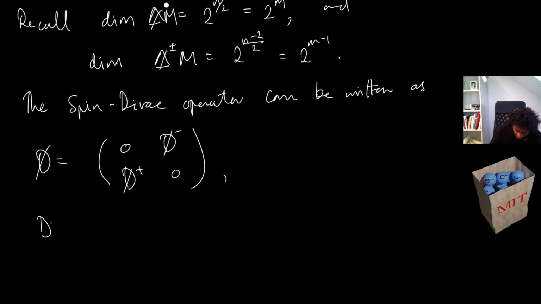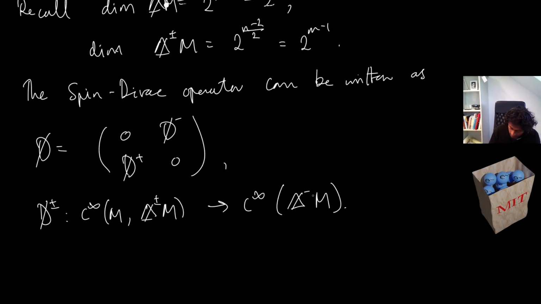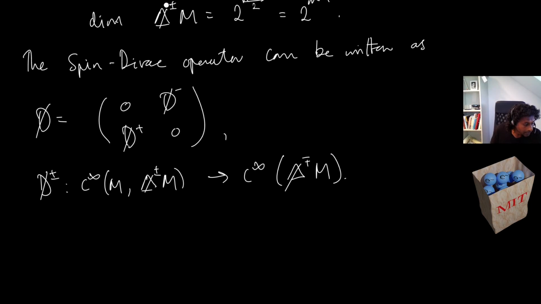D plus minus is going to map us from positive spinors to negative spinors. That's not how it's going to work. It's going to be plus minus to minus plus.